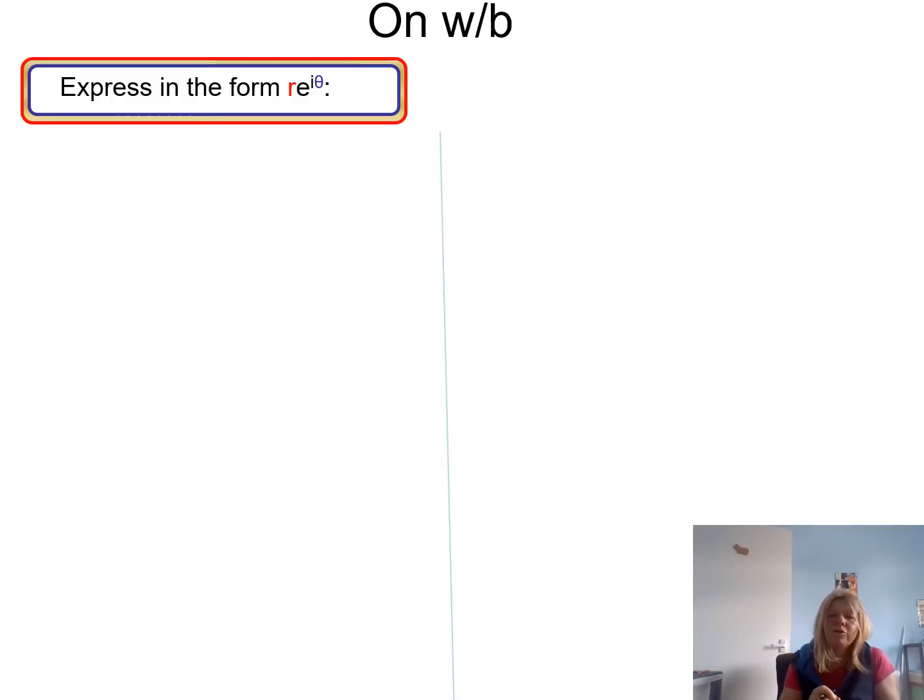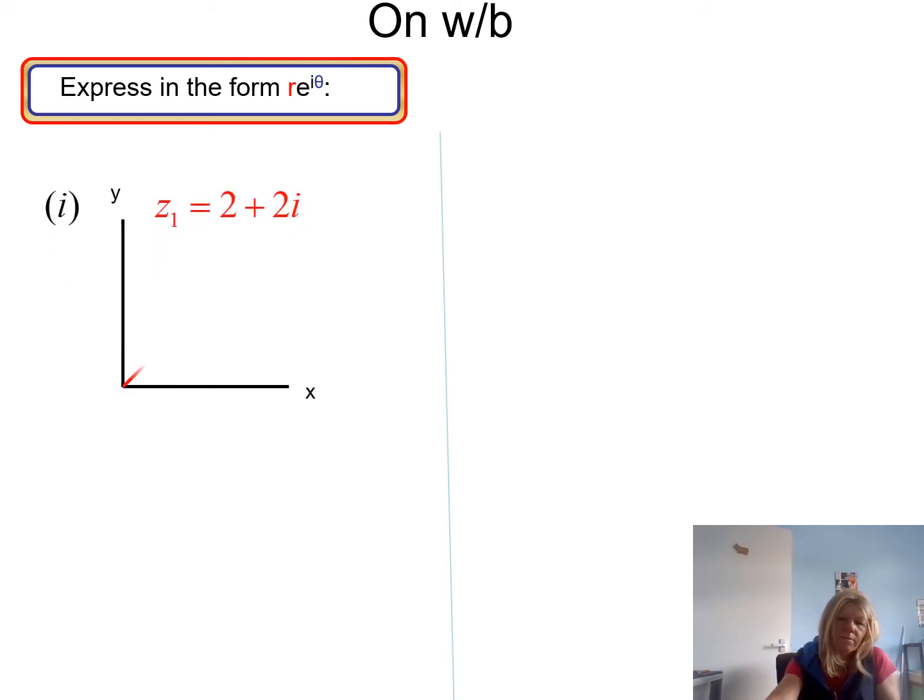Right, on your whiteboard, have a go at these. Put a bit of the answer up there. Have a go at that one. Here's the answer.